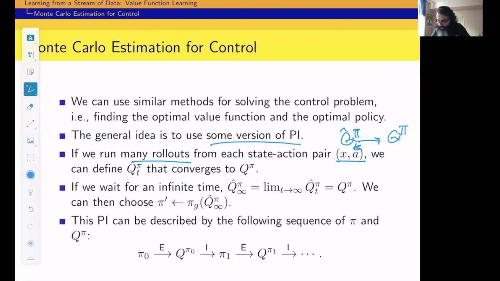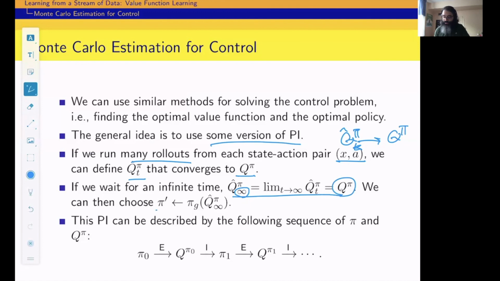If I have a very good estimate of Q pi, I can just do policy improvement. So I have a Q pi hat of t that converges to Q pi by the Monte Carlo estimation, for example. And if we wait an infinite amount of time, if the stochastic approximation learning rates are set appropriately, this Q hat of infinity would be the same as Q of pi.